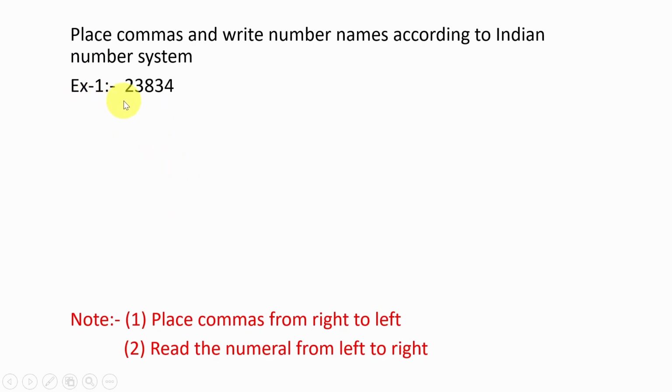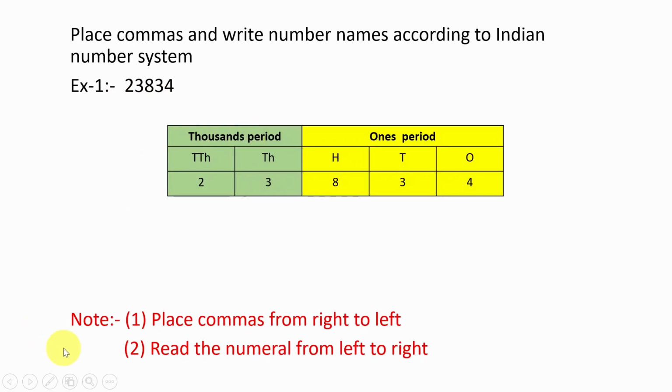Okay, take this example. Place commas and write number names according to the Indian number system. Here I will show you how to place commas in this number. See, 4, 3, 8 are placed in their respective places. 3, 2 are placed in their respective places.